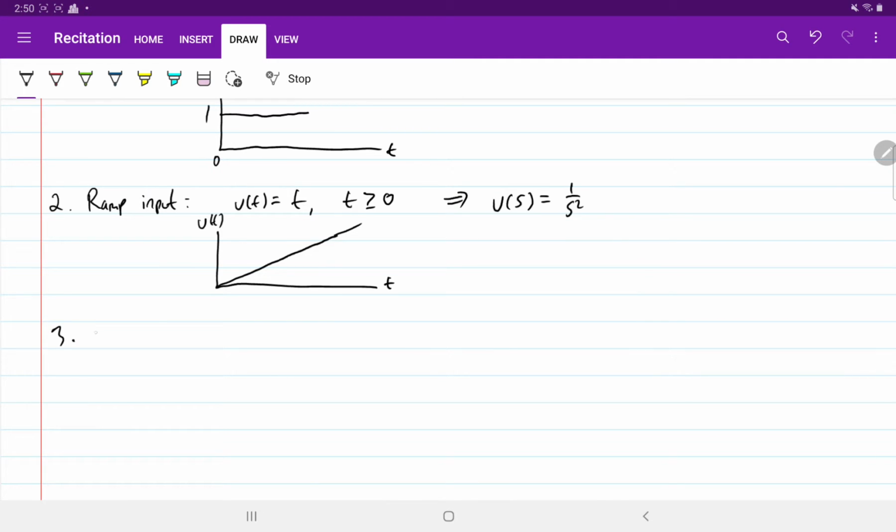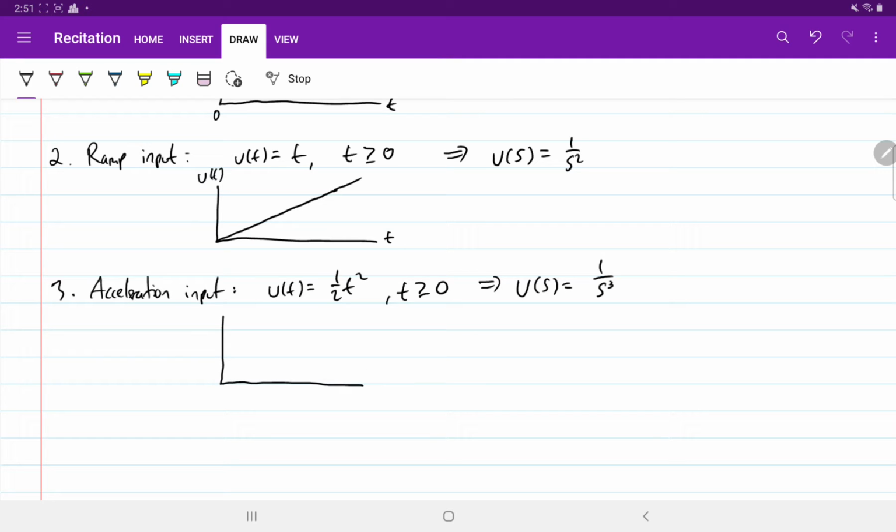The next type is acceleration. It is characterized by u of t equal to 1/2 t squared for t greater than or equal to 0, which in Laplace domain is 1 over s cubed.